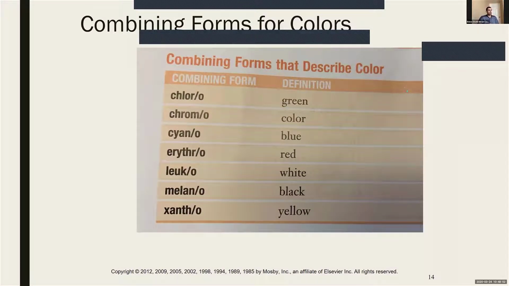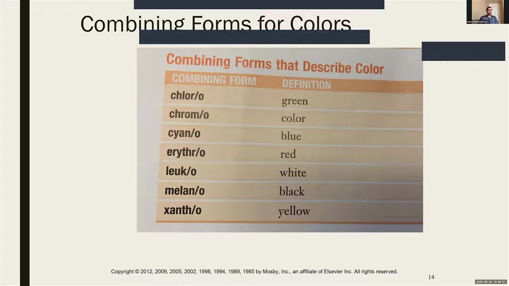The text goes on and gives us some combining forms that describe color. Some of these are pretty basic, like chlor, think chlorophyll, like in all plants have chlorophyll. So we probably all learned that in, I don't know, 4th or 5th grade, maybe science class, learning about chlorophyll, and maybe, or maybe not, made the connection that chlor means green.